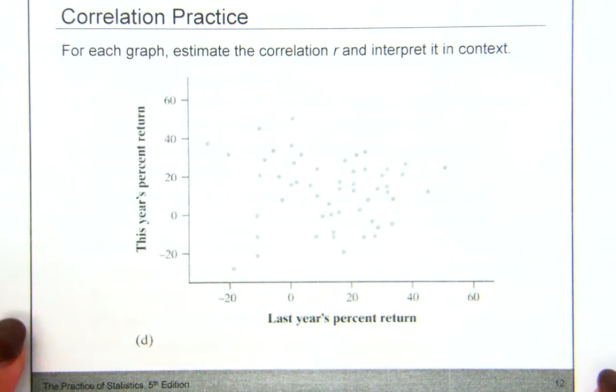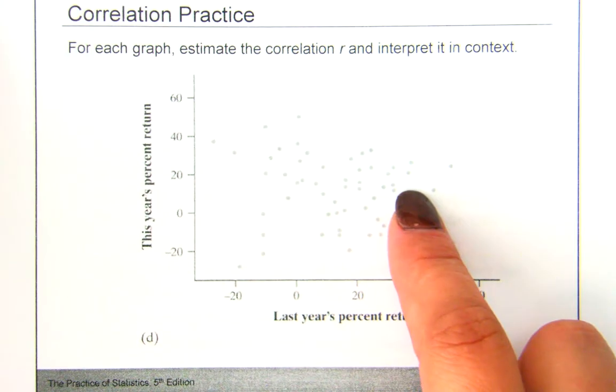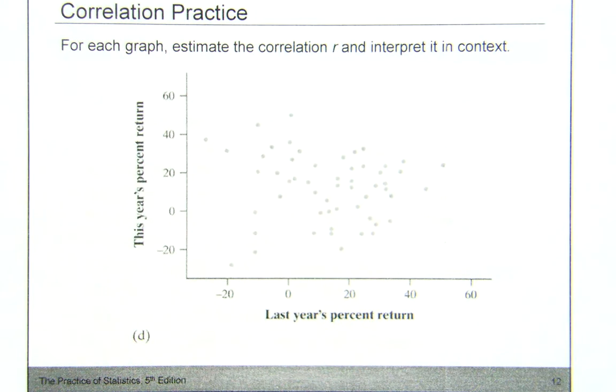All right, so let's talk about this one. For each graph, estimate the correlation R and interpret it in context. Well, there's only one graph, so we're just going to do this one. When you look at the data points, automatically you can see that there is not much of a strong linear relationship. So the next question is, how do you know what it might be?